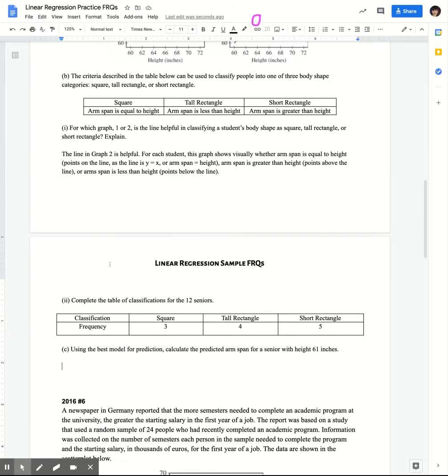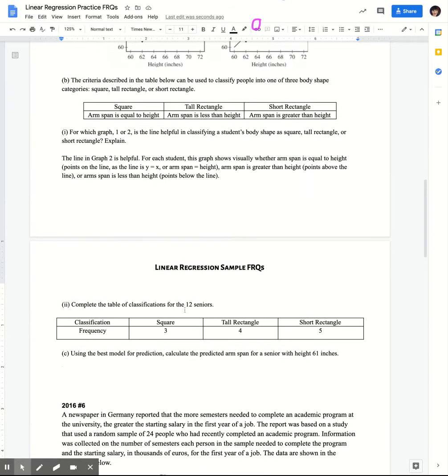Okay, so I'm going to use my least squares regression line equation. So they gave me a senior with a height of 61 inches. So I'm going to say y hat equals 11.74 plus 0.8247 times 61.